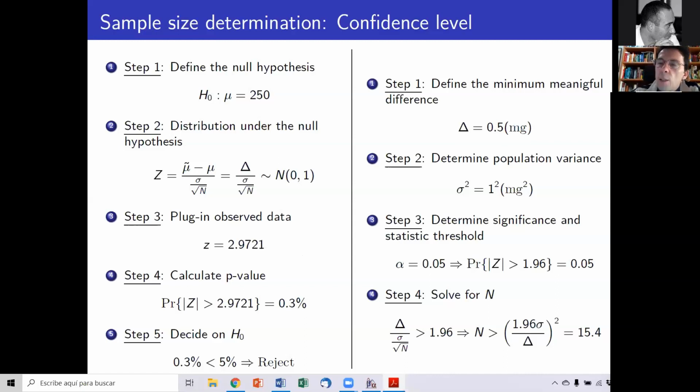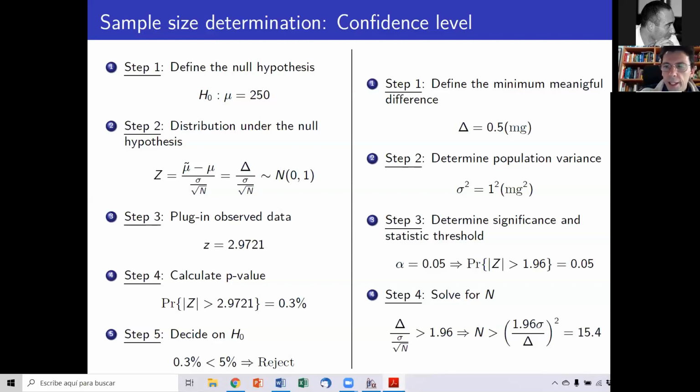If it deviates more than 0.5 milligrams, I want to see it. Then the population variance is what it is. So this is how the tablets deviate from the mean. And then I know that you will reject your null hypothesis if the p-value is below 0.05. So what is the threshold?